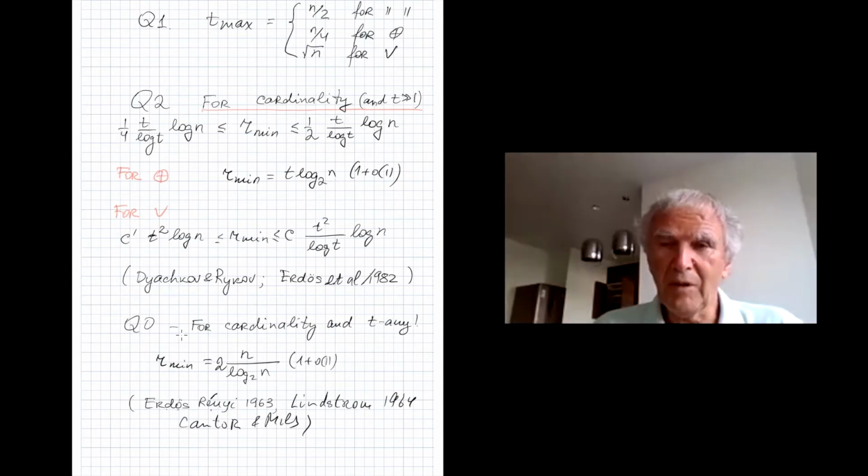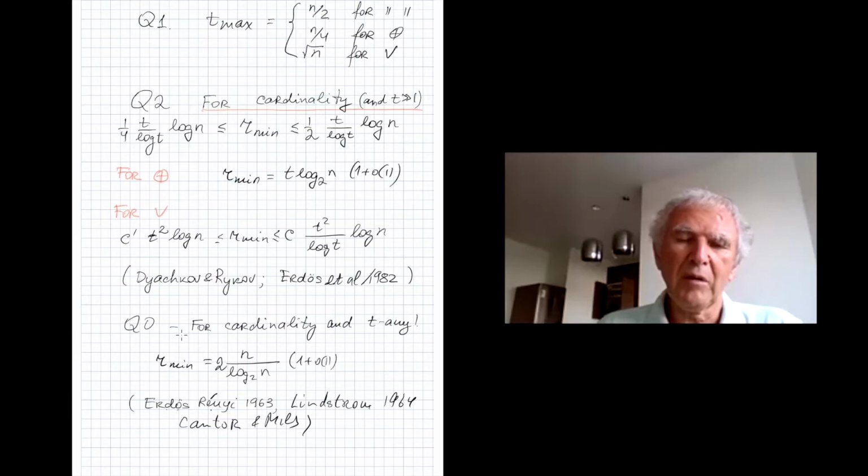So the question was asked: can we find the unknown set in a better way than just asking about every point? Yes, we can, and we decrease the number of questions by a factor of log n divided by 2.